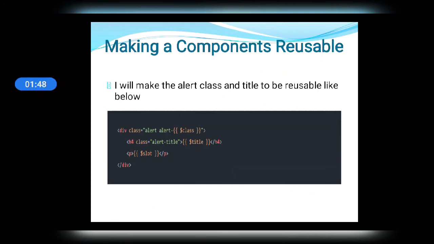To make this component reusable, we want to make this component dynamic, so we can use the warning types in this component. So I will make the alert class and title reusable.